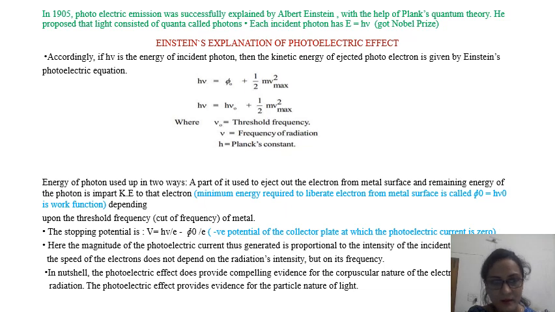It means the speed of the electron depends on frequency only, not on the intensity of incident light. In a nutshell, the photoelectric effect provides compelling evidence for the corpuscular nature of electromagnetic radiation. It provides evidence for the particle nature of light.